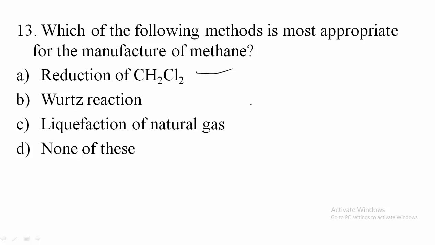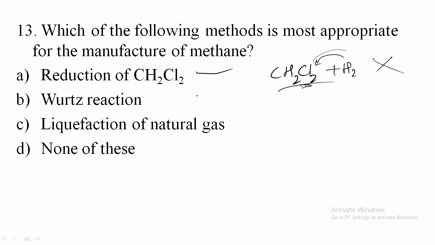Reduction of CH2Cl2 will not give the methane because hydrogen will not be able to replace the chlorine, because chlorine here comes by replacing hydrogen. Again the reverse is not possible, so it is not possible to obtain methane by the reduction of CH2Cl2.